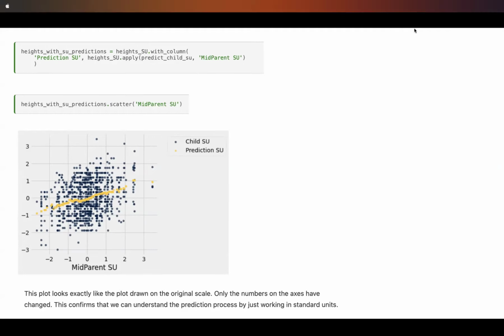So let me share the code with you. This was our parent average.